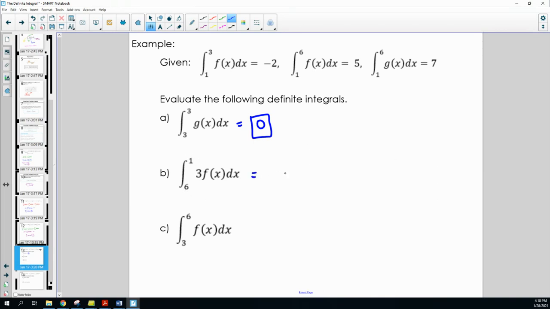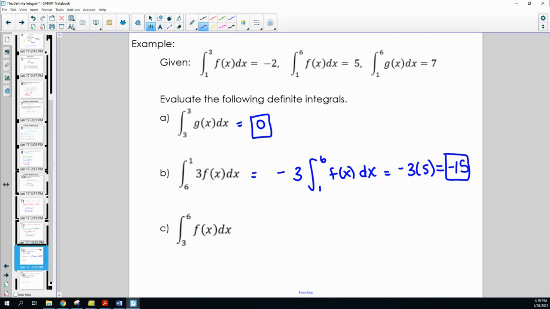So what I'm going to do here is take out the negative, and then I'm going to switch it and make the limits 1 and 6. Because I have this constant of 3, I'm also going to pull that outside, and then I have f of x dx. So I know that the integral from 1 to 6 of f of x dx is 5. So I really have negative 3 times 5. So negative 15.